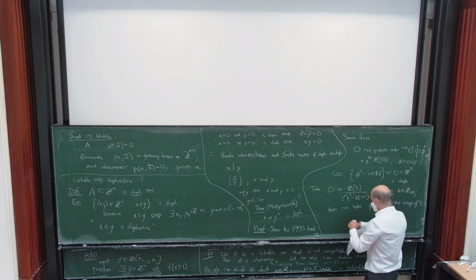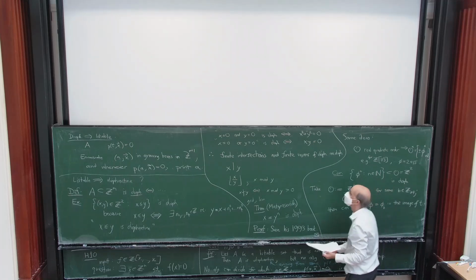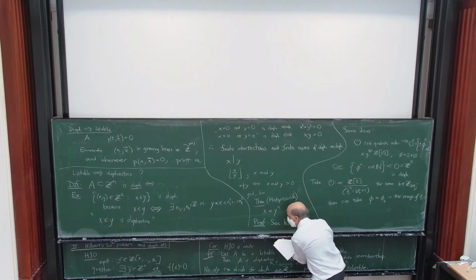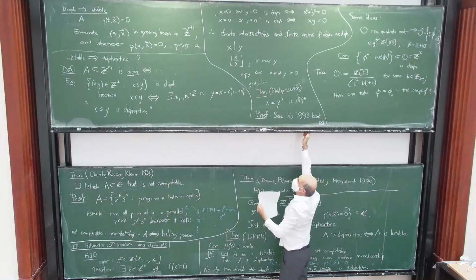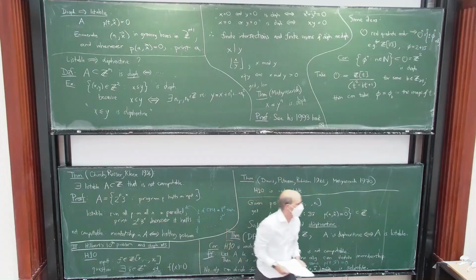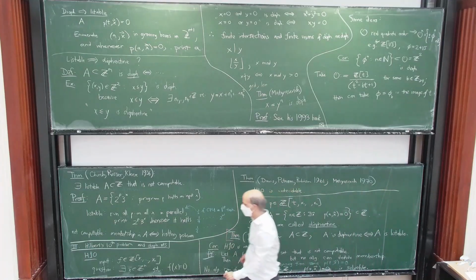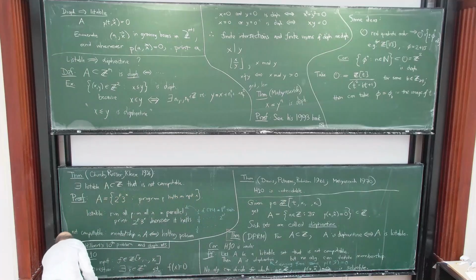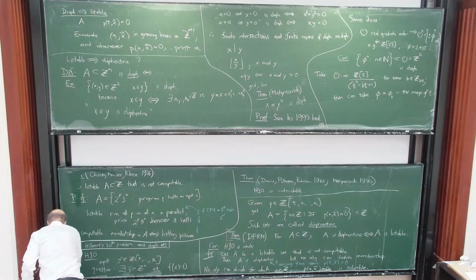And now the key lemma is going to be to prove that the set of n comma phi to the n is Diophantine.